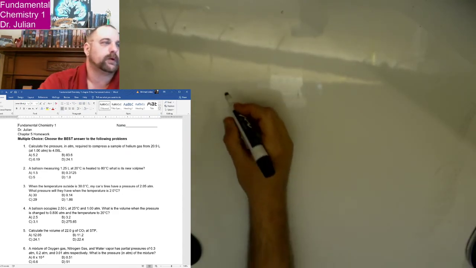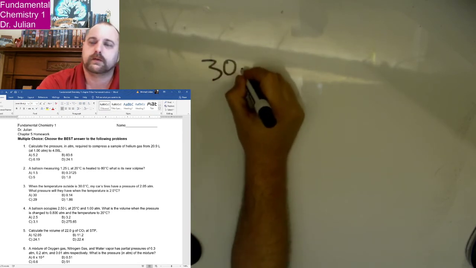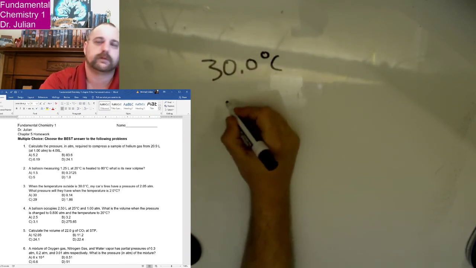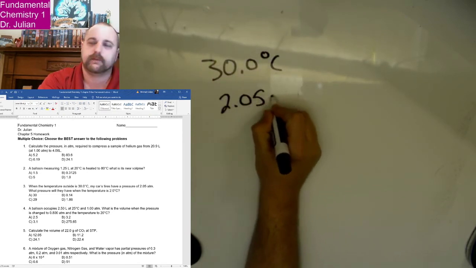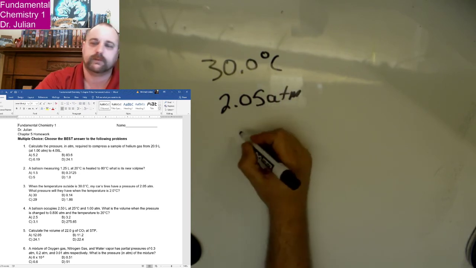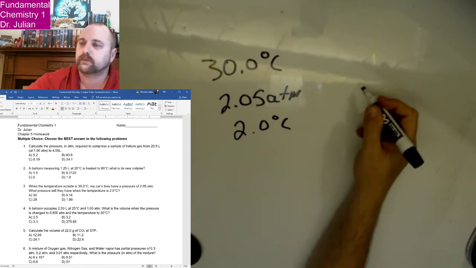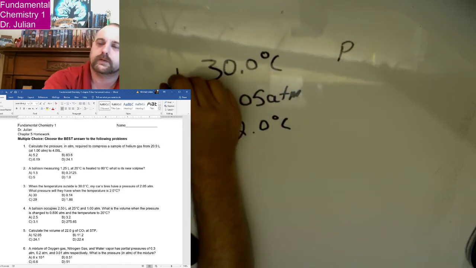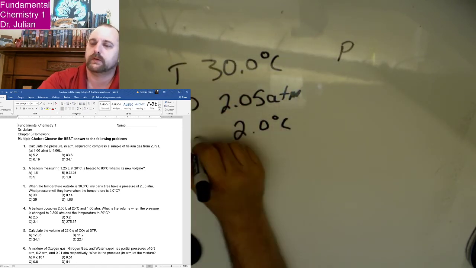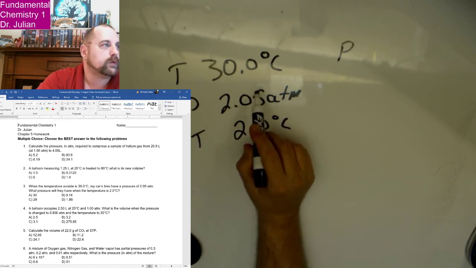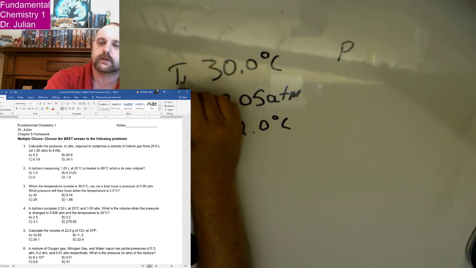All right, here we go. 30 degrees Celsius, 2.05 atmospheres. I'm just jotting down the stuff I see. 2.0 degrees Celsius, and it asked me for pressure. So this is a temperature, a pressure, a temperature. 30 and 2.05 went together.